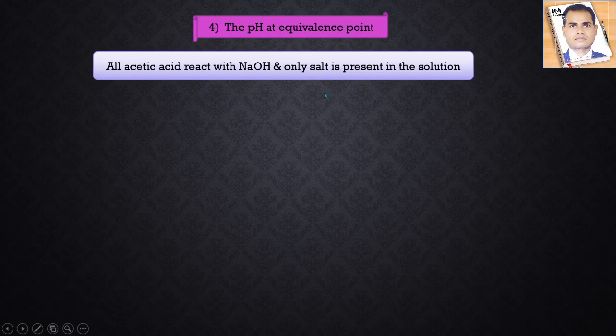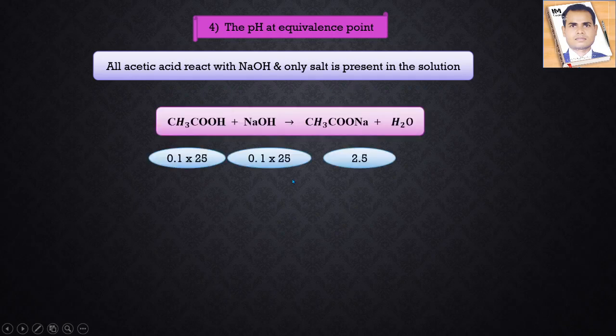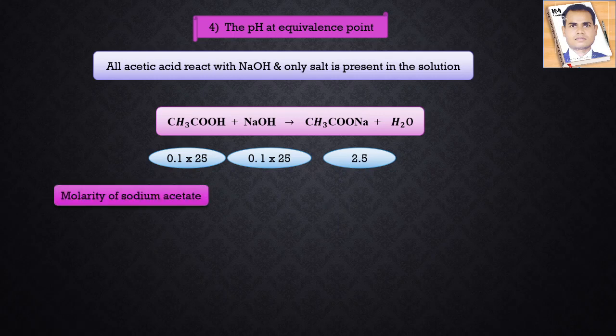Salt will be present in the solution. So you will take the simple reaction in the same manner: acetic acid, 25 ml, 0.1 normal concentration, and the same for the NaOH, and for the salt it is 2.5. So you will calculate the molarity of sodium acetate.